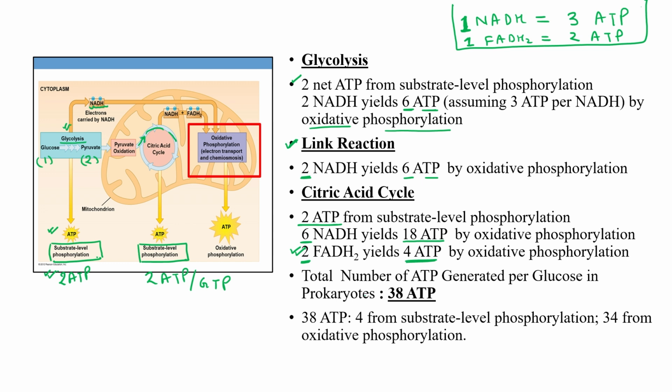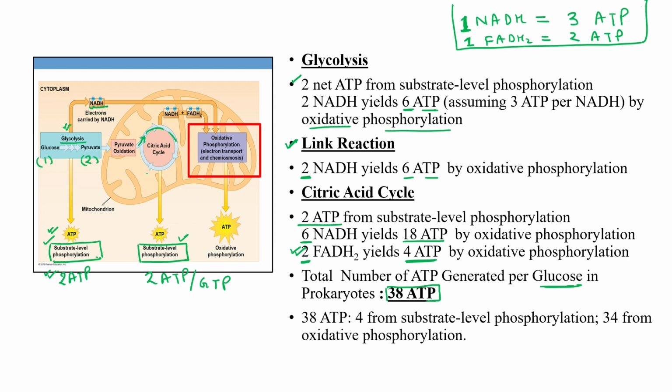Clear? So what is the total number of ATP generated per glucose molecule in the prokaryote? This is 38 ATP. Right? Of these, from substrate level phosphorylation, just now we have discussed, 2 from the glycolysis pathway and 2 from the citric acid pathway.